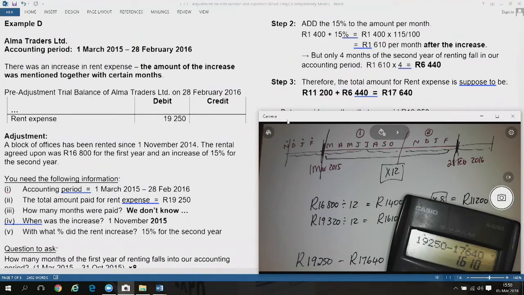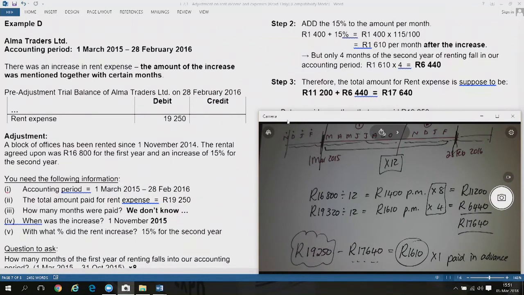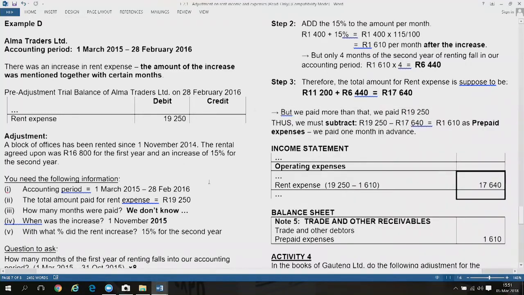That gives us 1610. What is the meaning of that? It means that there was 1 month paid in advance, because this amount was bigger than the original amount that we calculated. So we must minus 1 month for prepaid expenses.